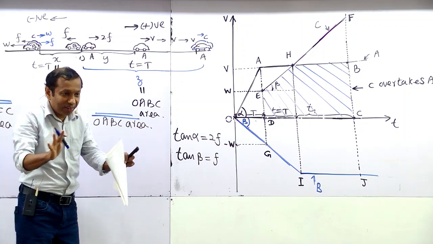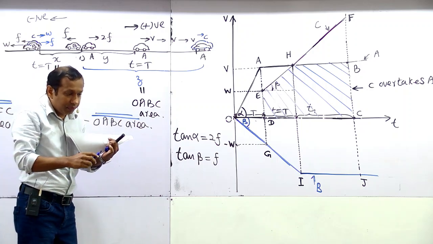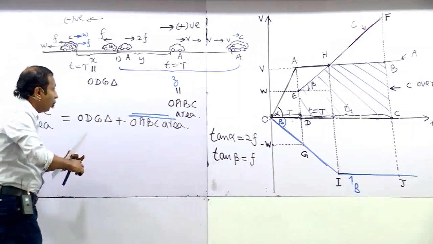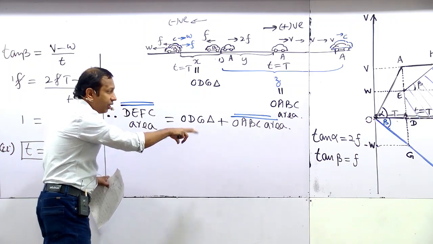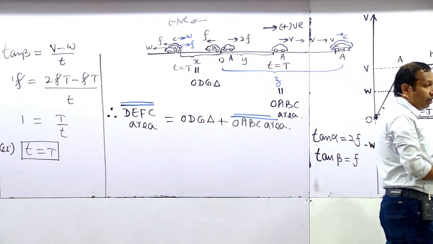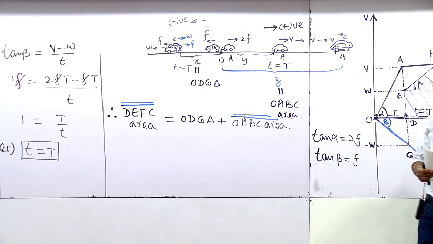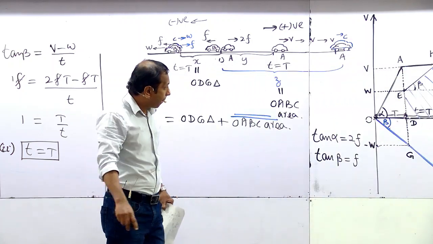Understand? Clear, no? Now write down: removing common area from both sides.